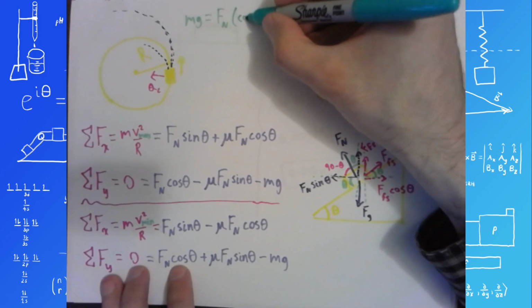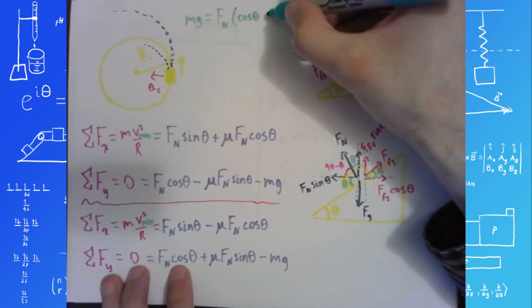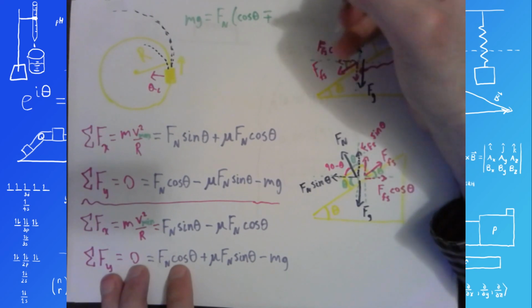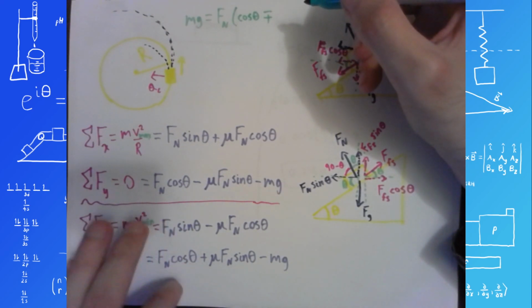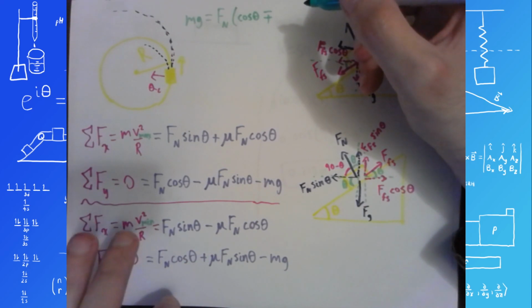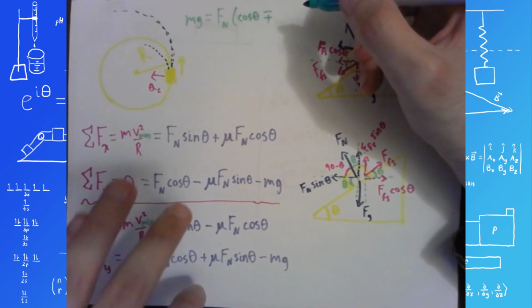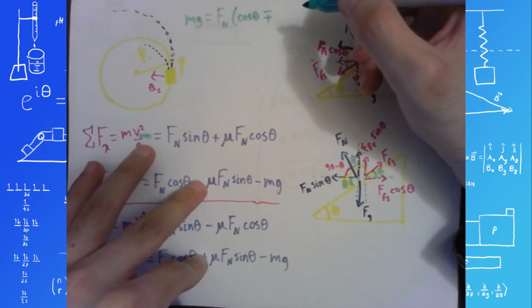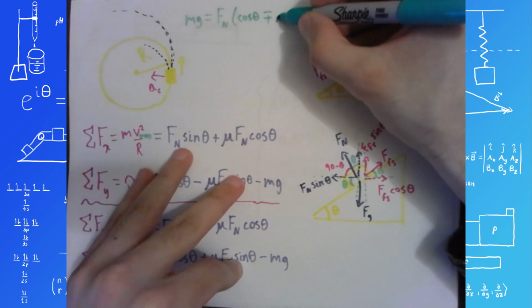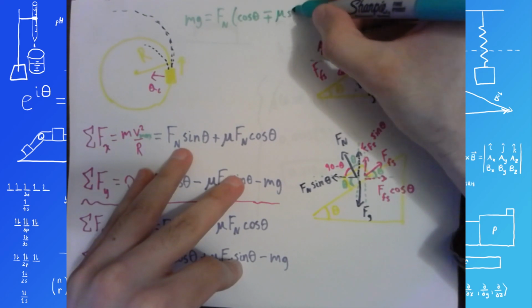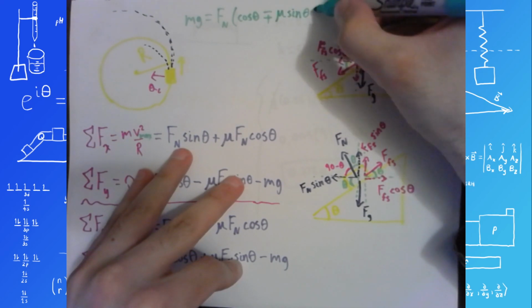So I'm going to say cosine theta minus or plus the coefficient of friction times sine theta, mu sine theta.